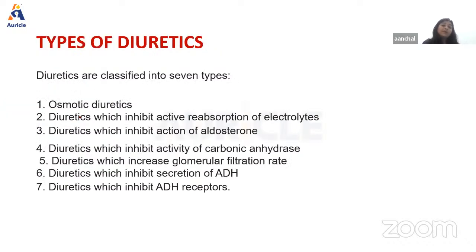The types include first osmotic diuretics, then diuretics which inhibit active reabsorption of electrolytes, those which inhibit the action of aldosterone, those which inhibit activity of carbonic anhydrase, those which increase glomerular filtration rate, those which inhibit secretion of ADH, and the diuretics which inhibit ADH receptors. One by one, we're going to discuss all of them with examples.